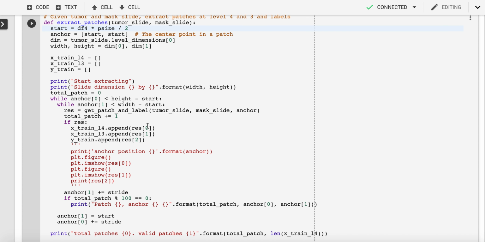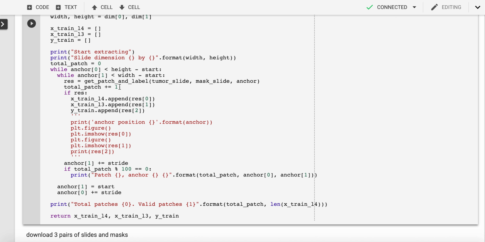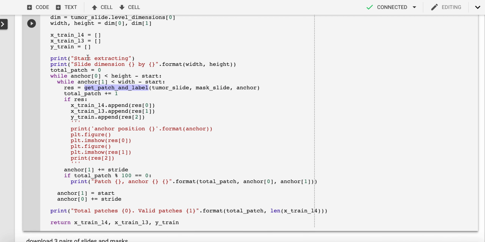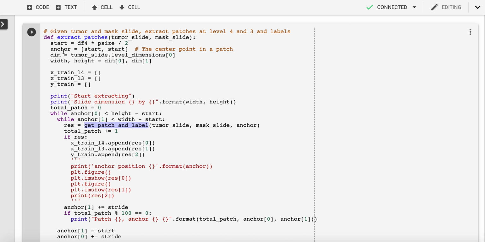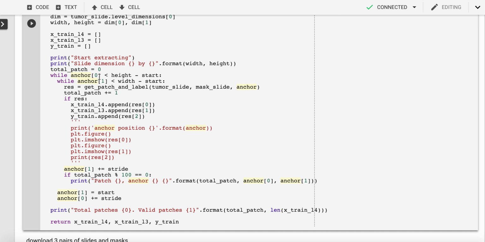Here we have the anchor, and we slide this anchor across the whole slide. For each anchor, we call get patch and label so that we can extract that patch.